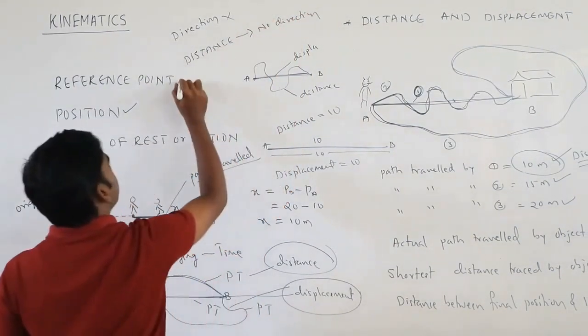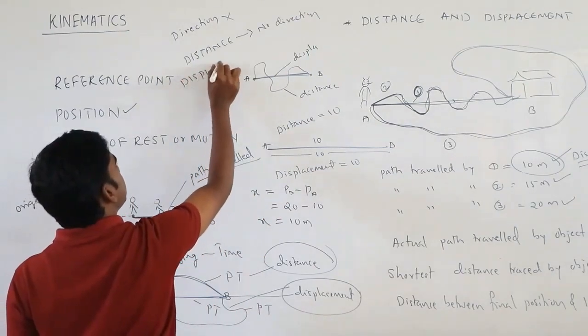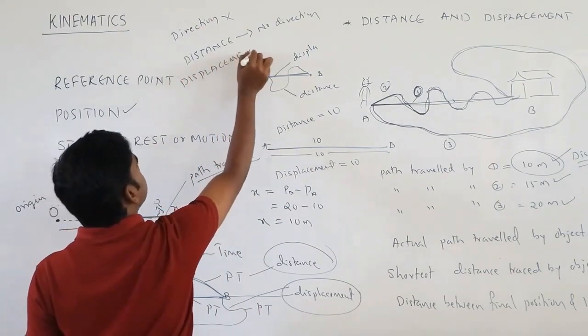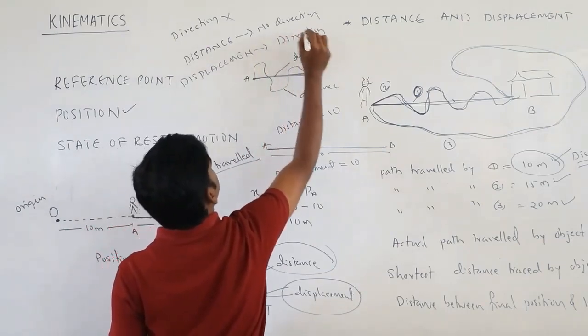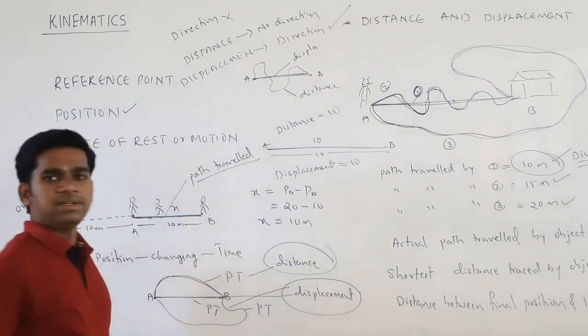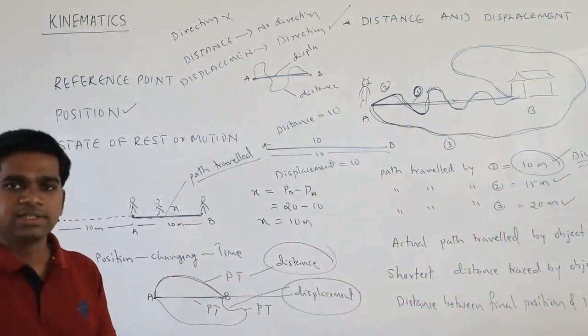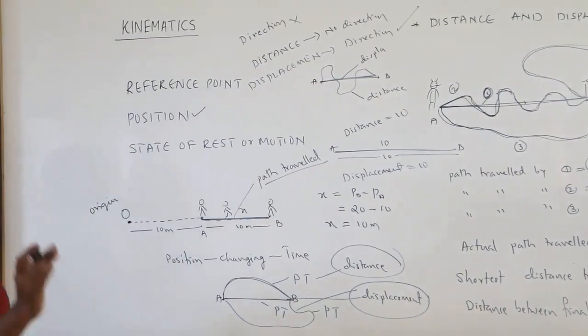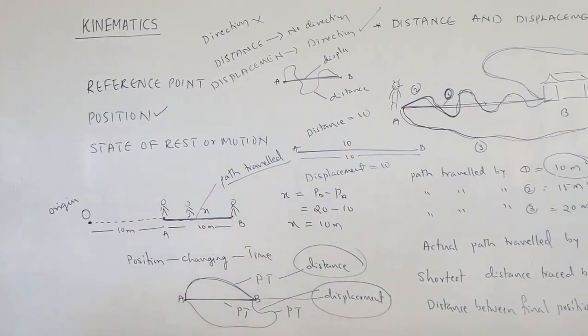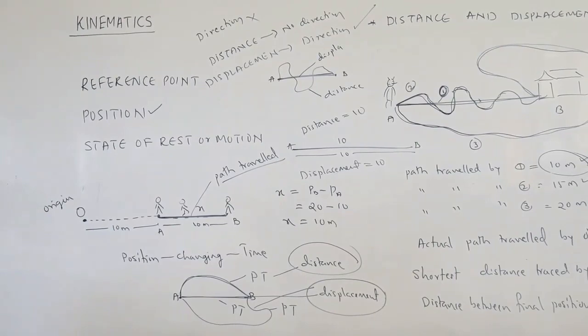Direction is not required. Displacement has direction. Very important, remember, displacement has direction. That is why we call distance a scalar quantity and displacement a vector quantity.